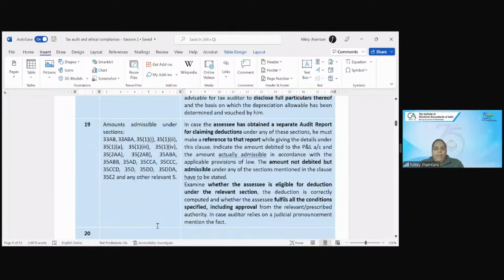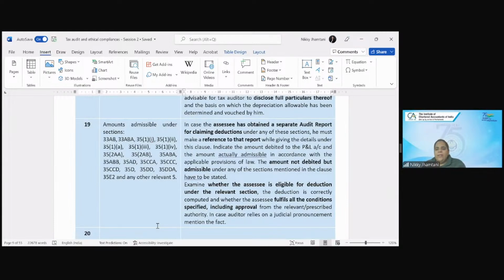Then clause 19, amounts admissible under sections 33AB, 33ABA, 35(1)(i), 35(1)(ii), 35(1)(iia), 35(1)(iii), 35(1)(iv), 35(2AA), 35(2AB), 35ABA, 35ABB, 35AD, 35CCA, 35CCC, 35CCD, 35D, 35DD, 35DDA, 35E, and any other relevant section.